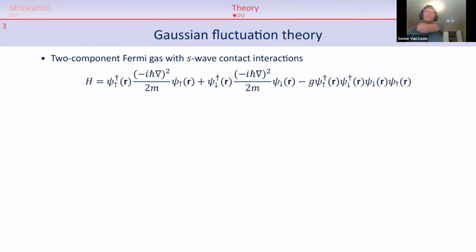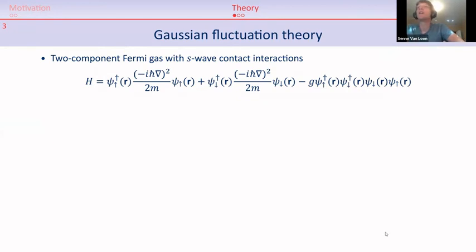So a little bit of theory. We're studying the collective mode in atomic gases, so in a two-component Fermi gas with s-wave contact interactions, for which I show you the Hamiltonian here.